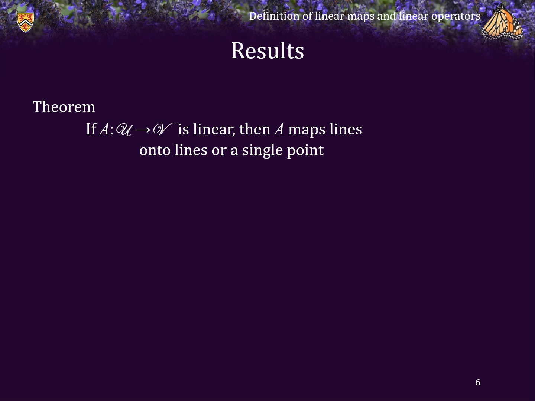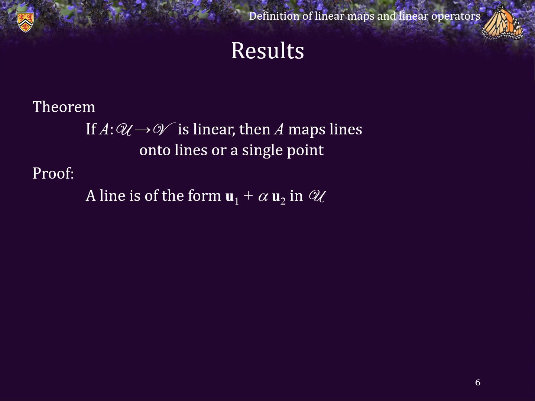Here's another nice result. If A mapping U onto V is a linear map, then A maps lines in U onto lines or a single point in V. Proof. Well, a line in U is anything of the form one vector u1 plus all scalar multiples of a second vector u2.